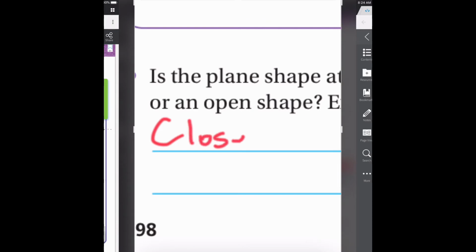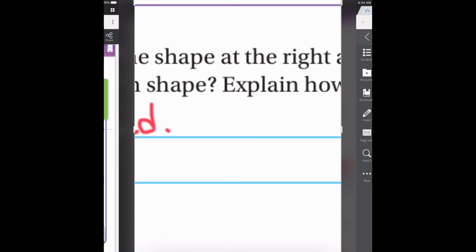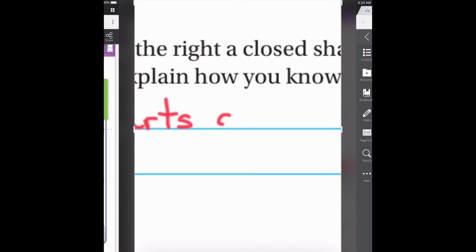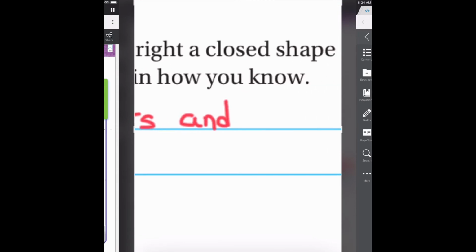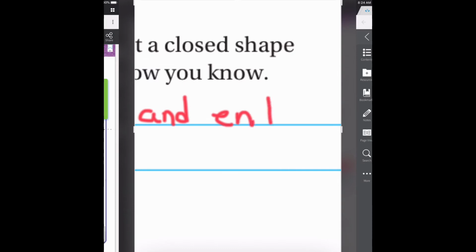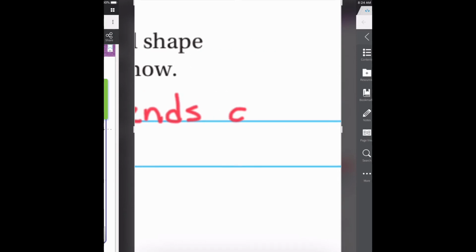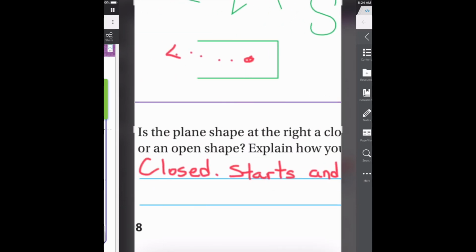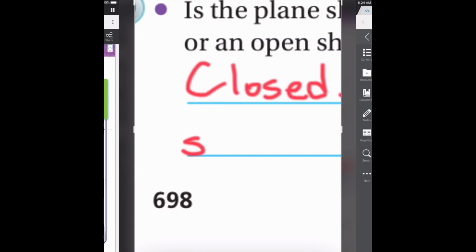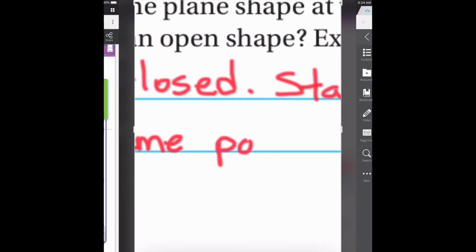And why is it considered a closed shape? It starts and ends at the same point. So starts and ends, A-N-D, and ends at the same point.